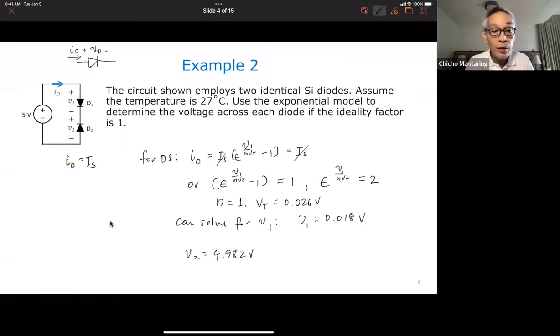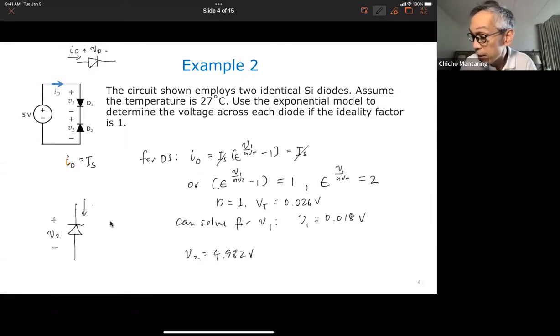Okay, so yung tanong is, bakit hindi negative IS yung current, no? The reason why hindi negative IS yung current, if you take a look at diode D2, so let me just draw diode D2. This is V2, okay?